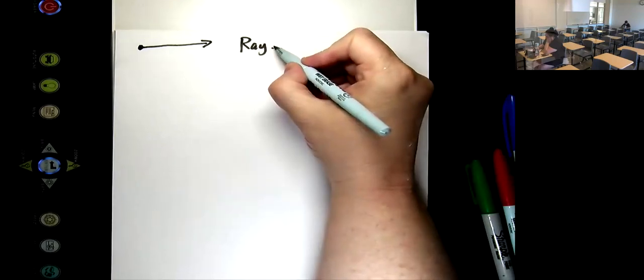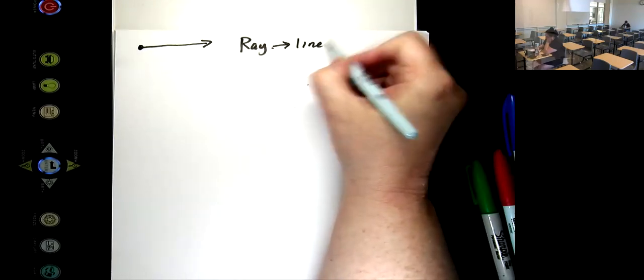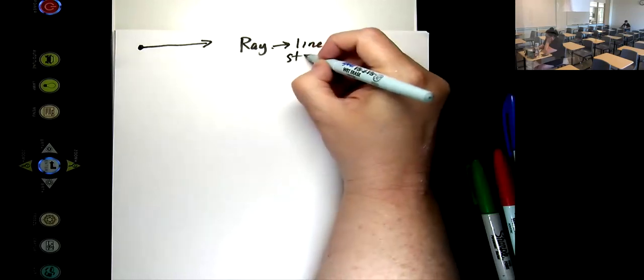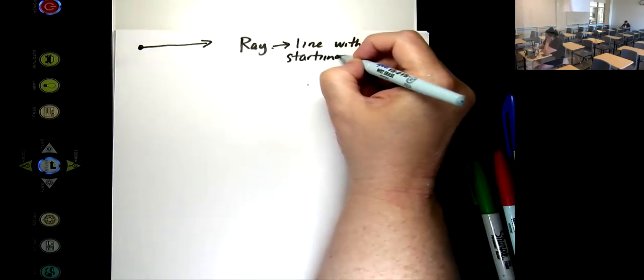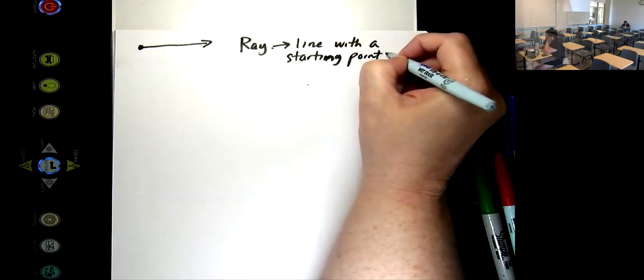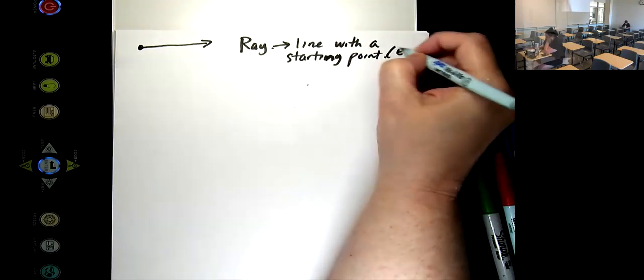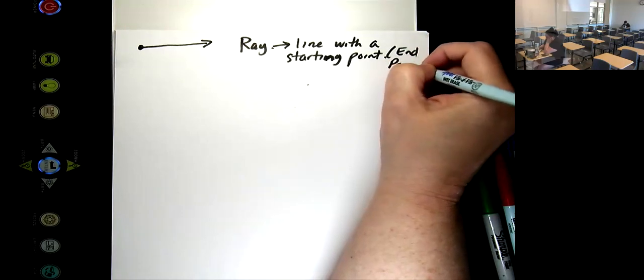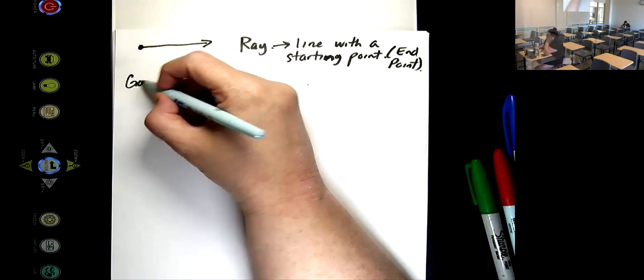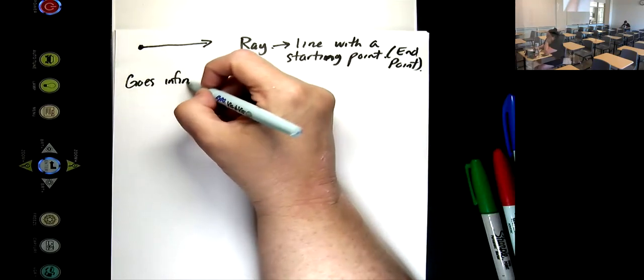A ray is a line with one endpoint, a starting point, which is called the endpoint. So it only goes infinitely in one direction.